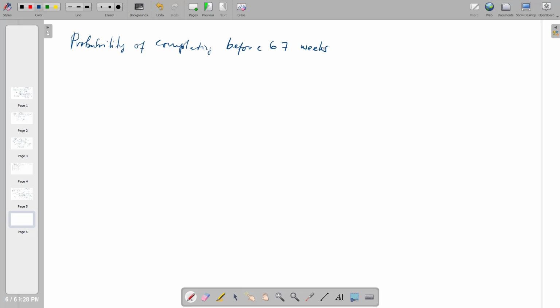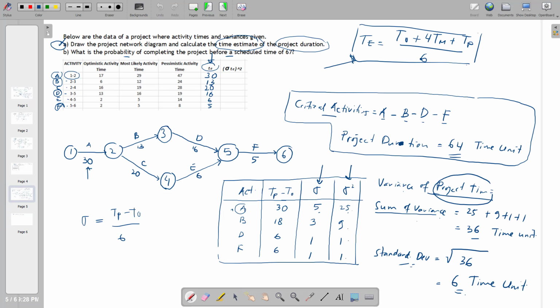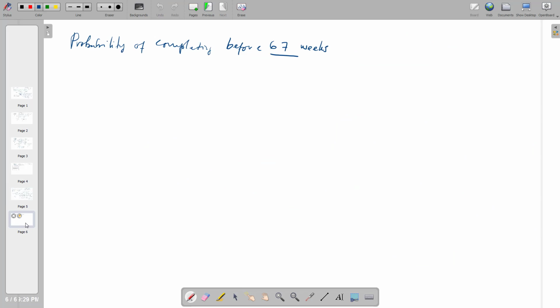Okay, as you can see, based on our network diagram and the critical activities, we will be finishing the project by 64 time unit. Not weeks, time unit, regardless of the unit of the time.